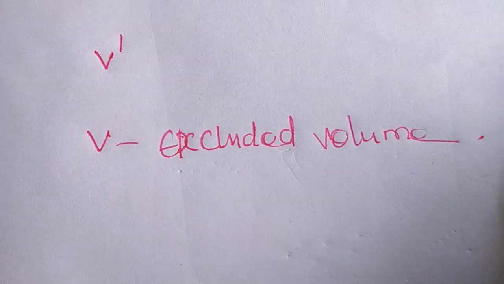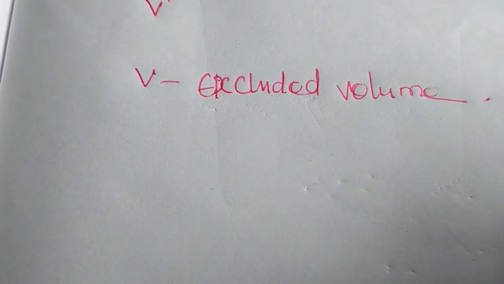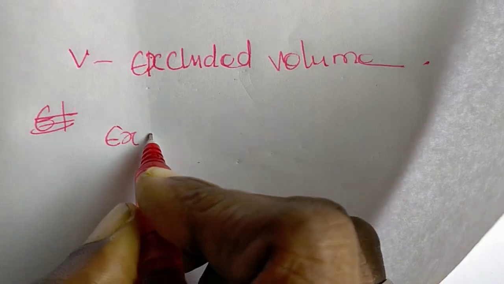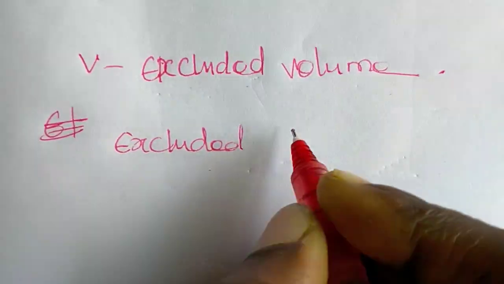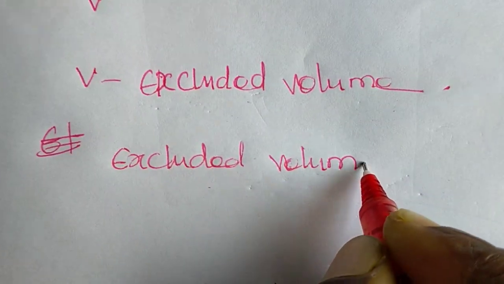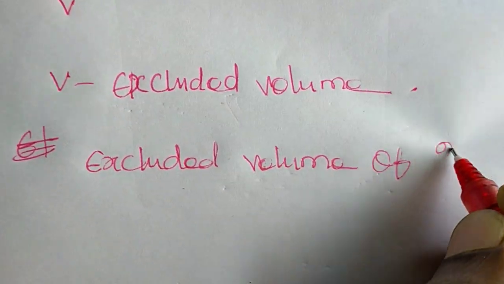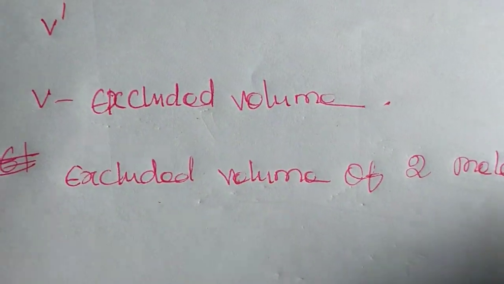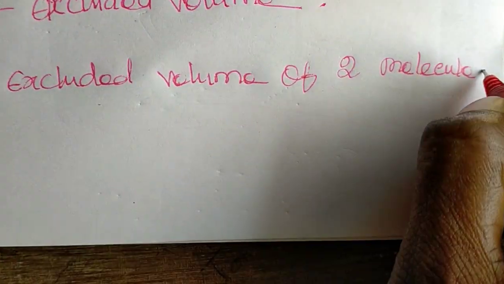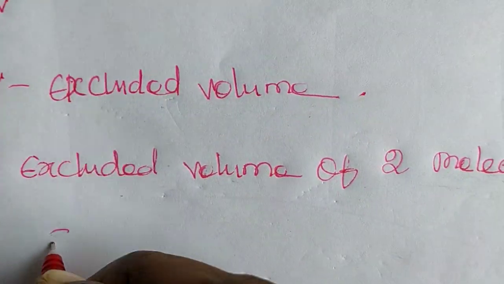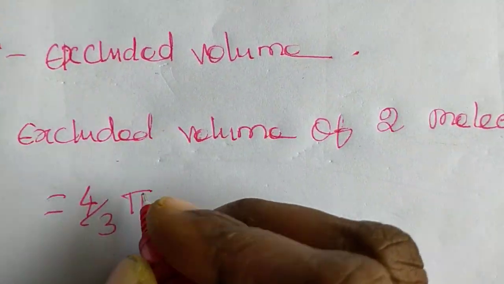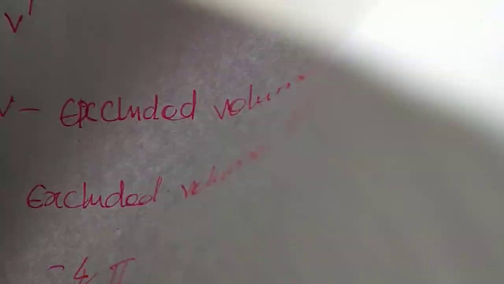Calculating the excluded volume of two molecules, it equals 4 by 3 pi r cubed.